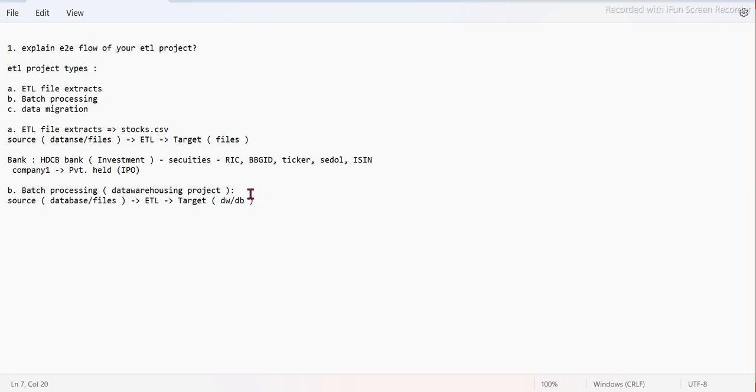As I said, the majority of the projects are basically batch processing or data warehousing projects, so you should know this thoroughly. Let's say somebody is not looking for anybody who knows data warehousing, then you can explain this. But if you explain data warehousing projects or batch processing projects, then you need to know data warehousing concepts very thoroughly.